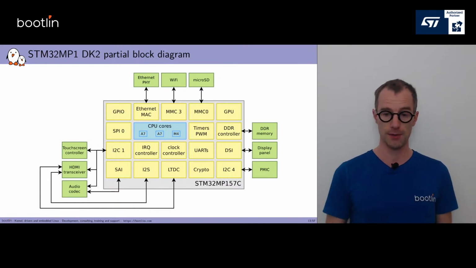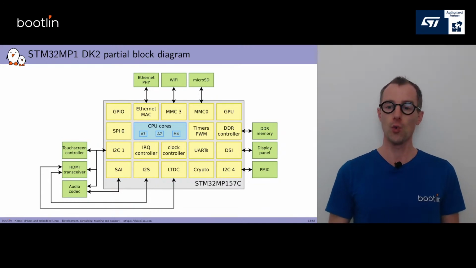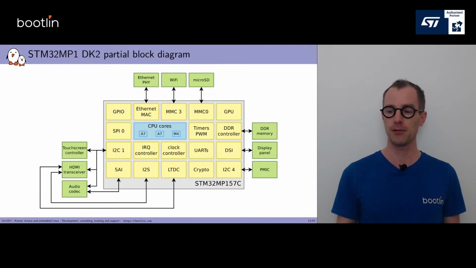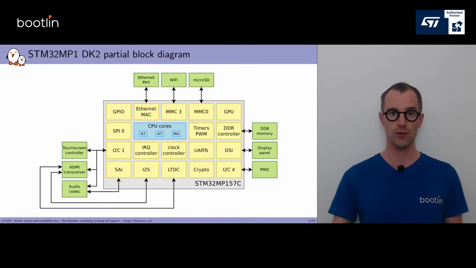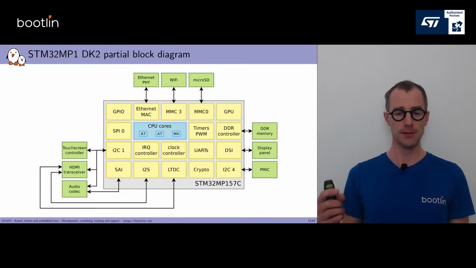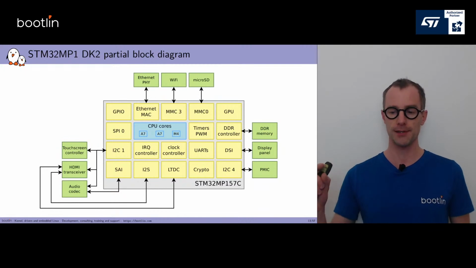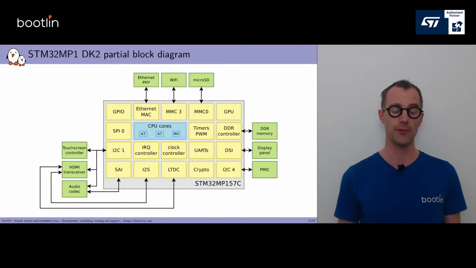Then this SoC is put on a board which has a number of components, such as DDR memory, a display panel, a power management IC, a Wi-Fi Bluetooth chip, a micro SD slot, an Ethernet PHY, a touchscreen controller, and others, which are represented in green in that picture. So it is important to keep this view in mind for the rest of our discussion.